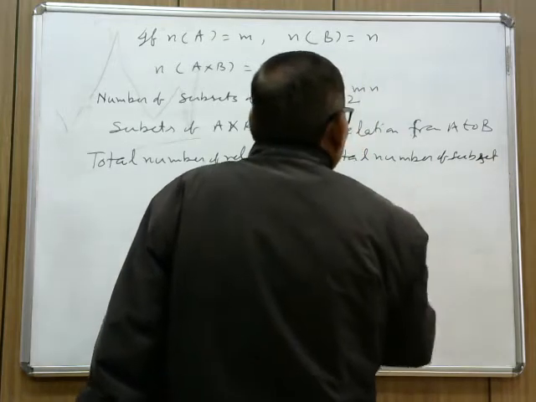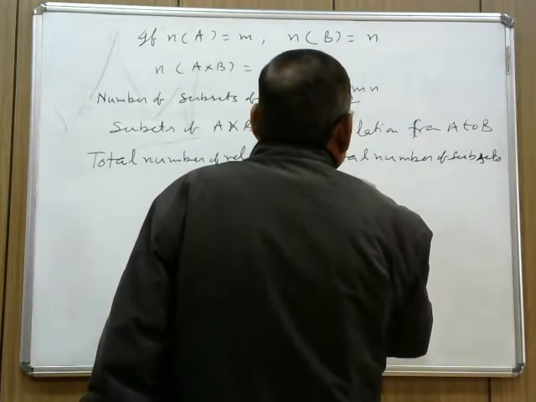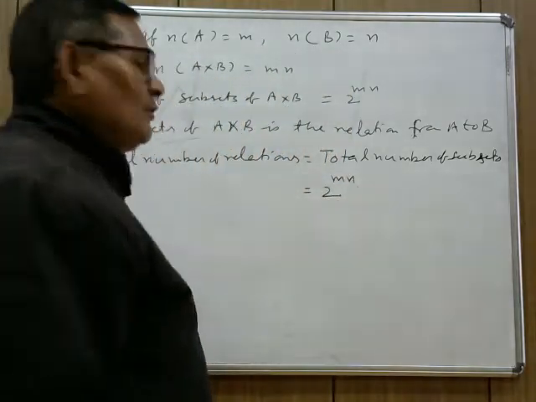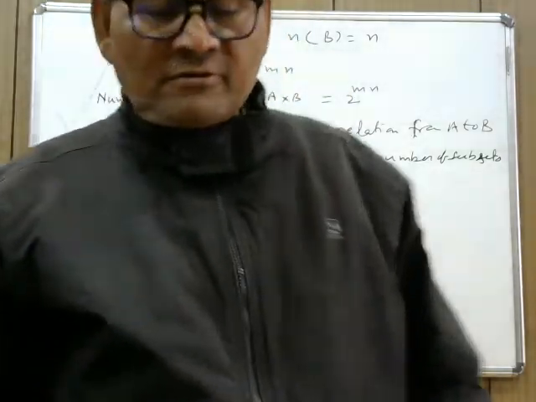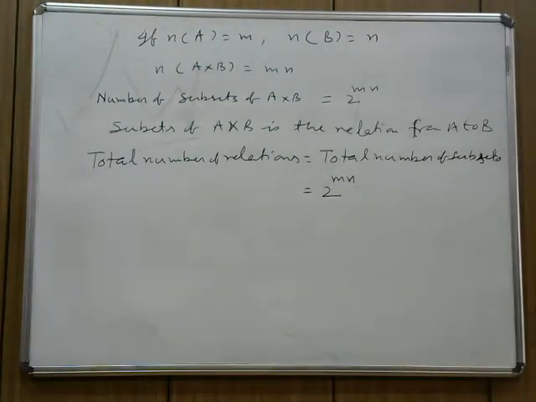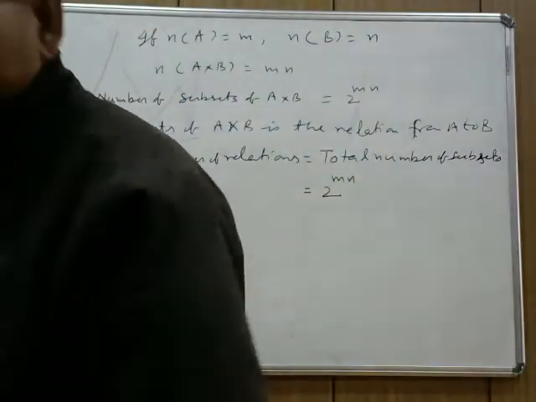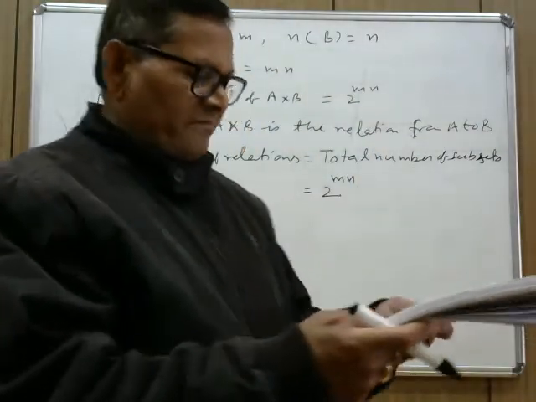This implies that it is equal to 2 to the power mn. There are 2 to the power mn relations if set A has m elements and set B has n elements. So this is the total number of subsets and this is the total number of relations.